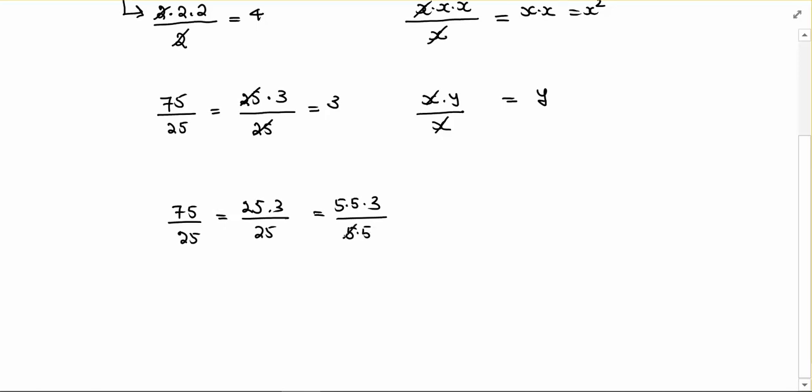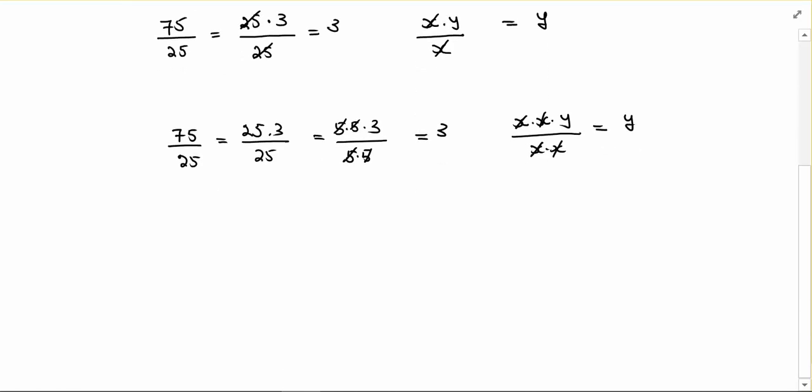Now these two 5s cancel, giving you 3. So if we were to do a problem with letters, that would be like saying x, x, y divided by x, x. That gives me y.